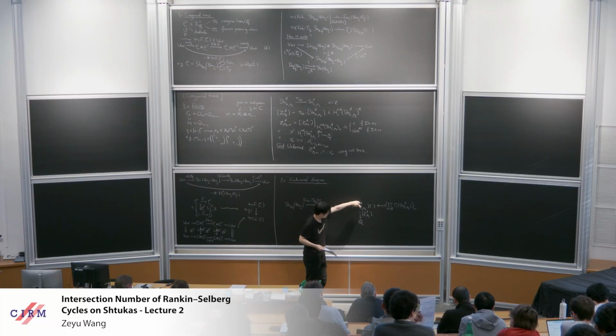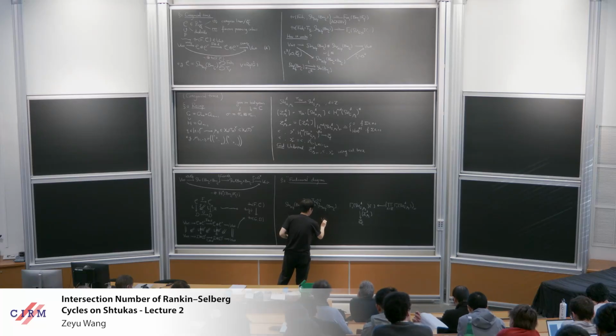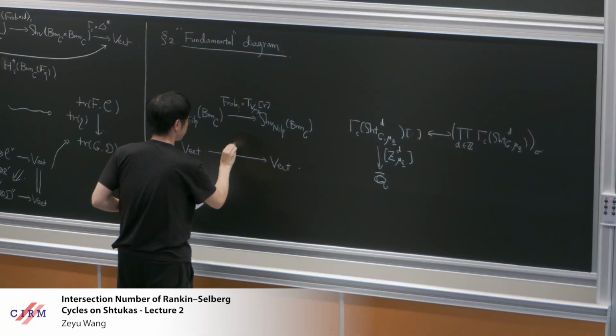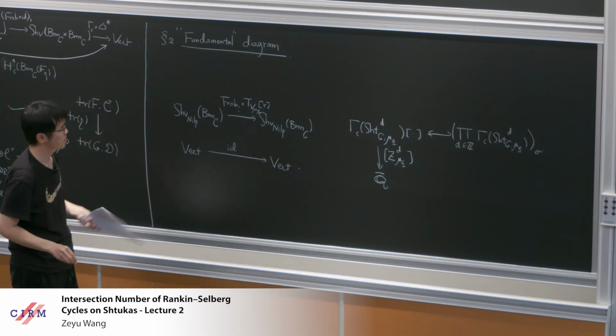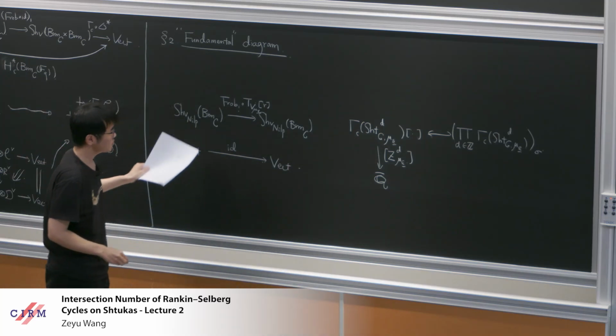Then suppose you want to understand this functional, you want to produce a category whose categorical trace is Q_ℓ bar. There's the obvious choice, which is the category of vector spaces. And for the functor, you can use the easy functor, which is the identity map. So the trace of this is Q_ℓ bar.